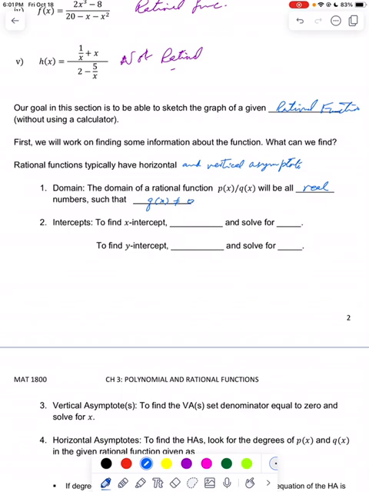Now intercepts. For any function we are dealing with, if there is an intercept, we can find it. If there is a y-intercept, we should be able to find it. To find the x-intercept, what do we do?